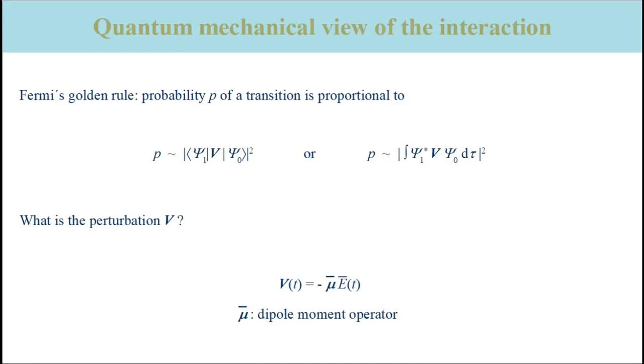Classically, the interaction energy between a dipole and an electric field is this expression, which is the scalar product between the dipole moment vector and the electric field vector. The lines above the symbols indicate the vector nature of the quantities.